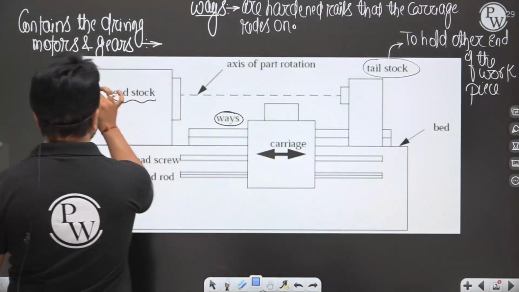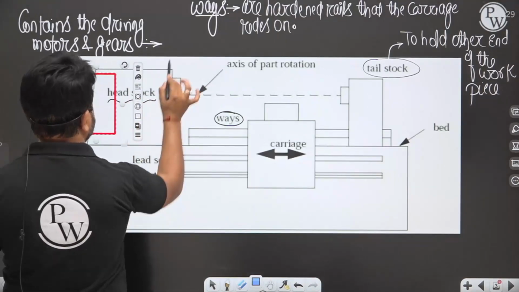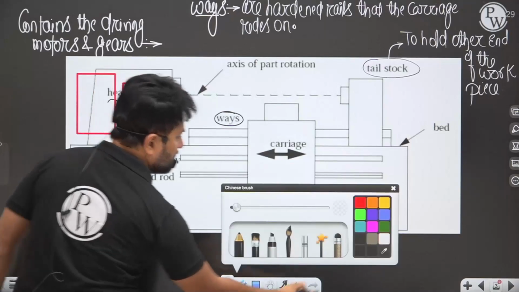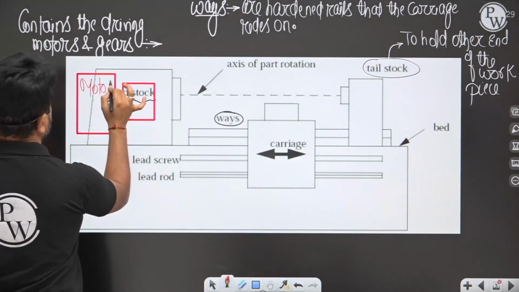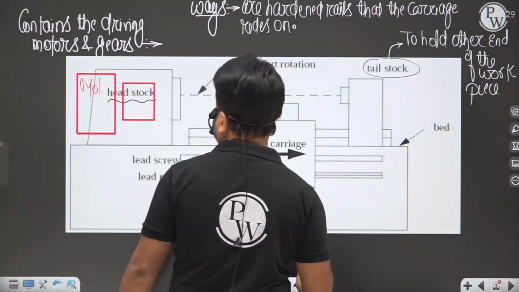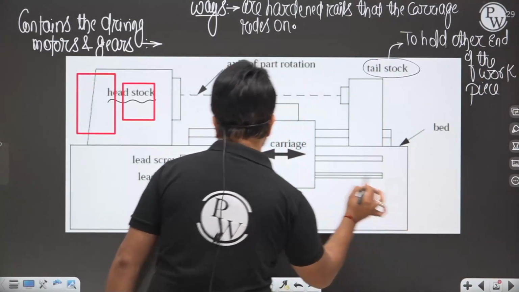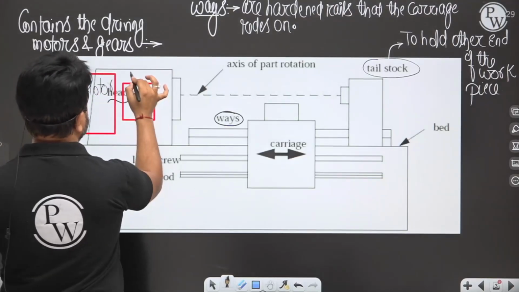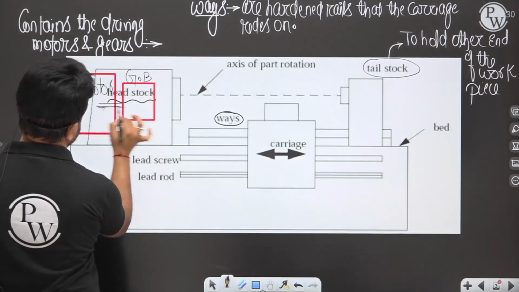This is a motor, and this is the gearbox. The motor will deliver the power to the gearbox.